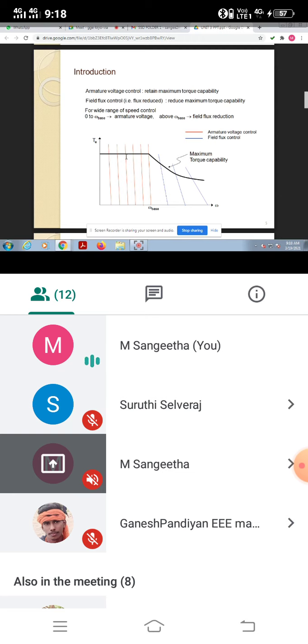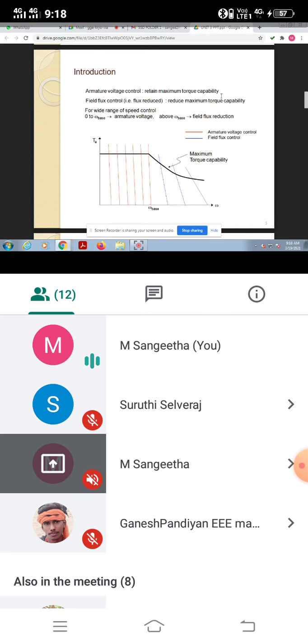This is the second condition; the first condition is field flux control, whose representation says reduced maximum torque capability. As I said, if you make armature voltage control, you have to retain maximum torque capability, but here the statement is opposite: maximum torque capability reduced.